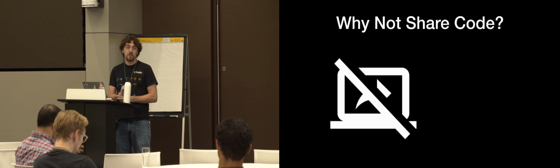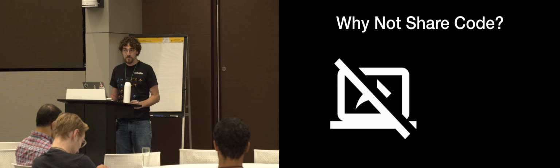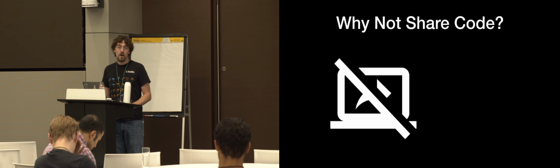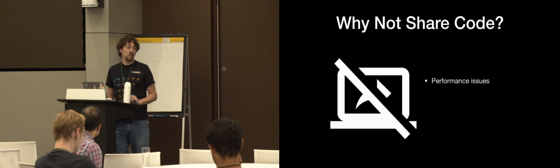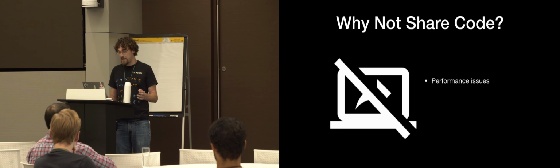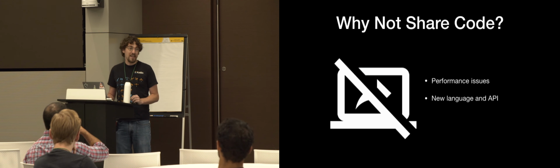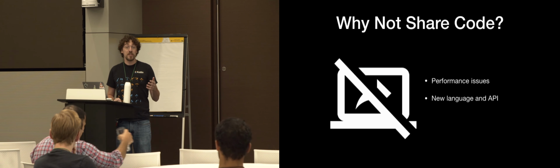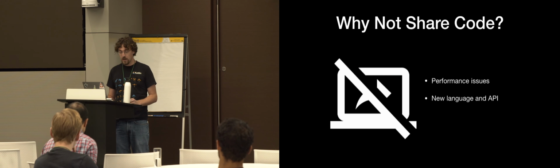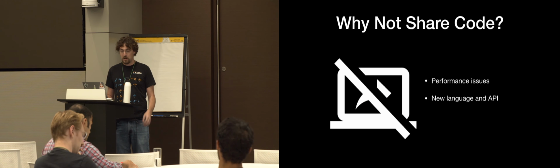There's a number of frameworks that have been popular over the years, such as React Native, Flutter, Ionic, Cordova, Xamarin. Often you have either some performance issues because they're doing some extra abstraction or adding their own runtime. In most cases you have a new language and API that you have to learn for that framework, which you as a native developer are much less used to.